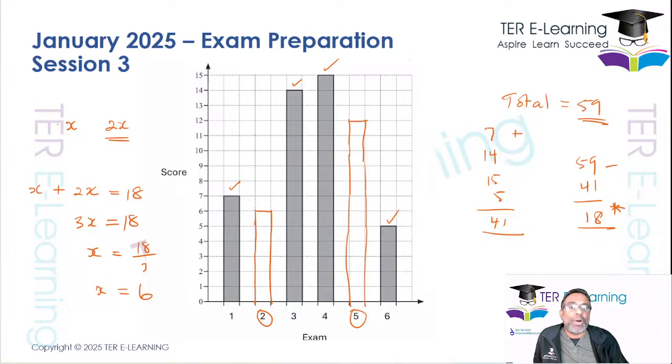So this is our completed bar chart, using the information that they give us here. So the ratio is 1 to 2, or it's twice as much.